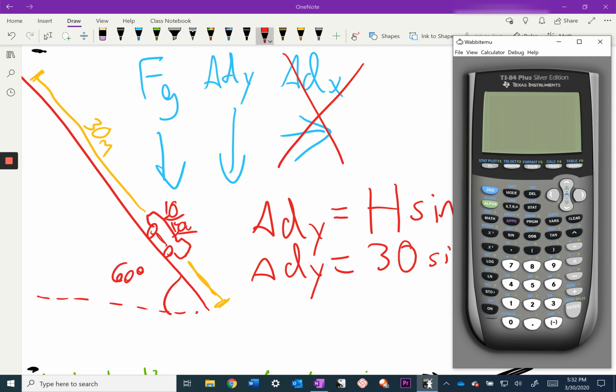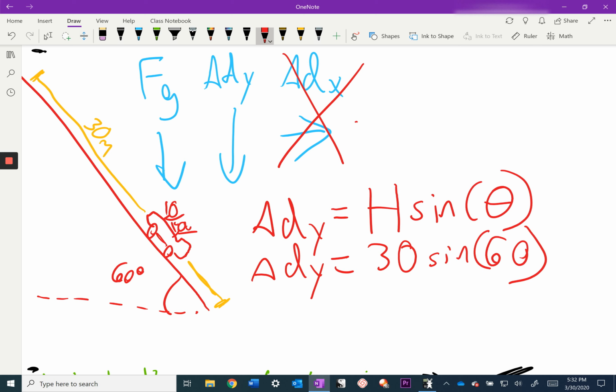And that means we type everything in. 30 sine 60 equals about 26. So our displacement in the y is going to be about 26 meters. And I know because it's going down that this is going to be negative. Okay, and so we would then use this and plug it into our formula for work.